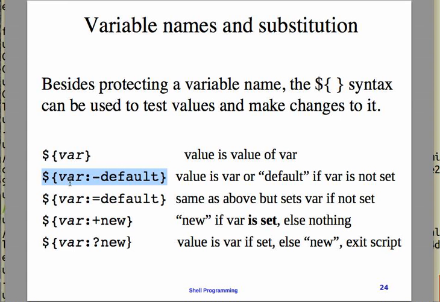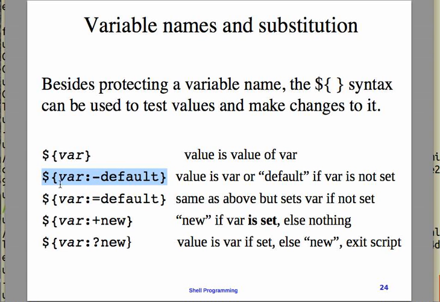So if you have an x here, this will just be $x if x has already been set. But if x has not been initialized, this whole thing will have the value of the variable $default. So it's assuming that you have actually defined a variable called default before this.